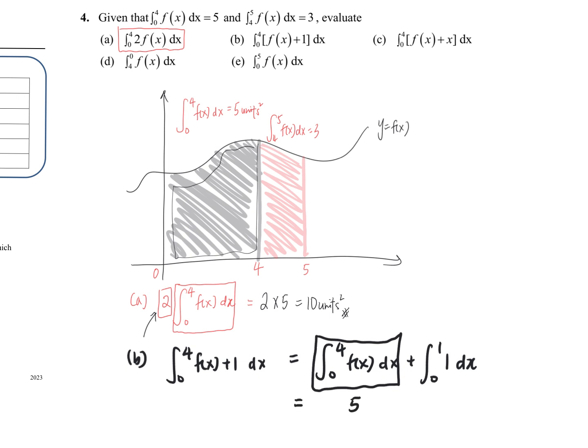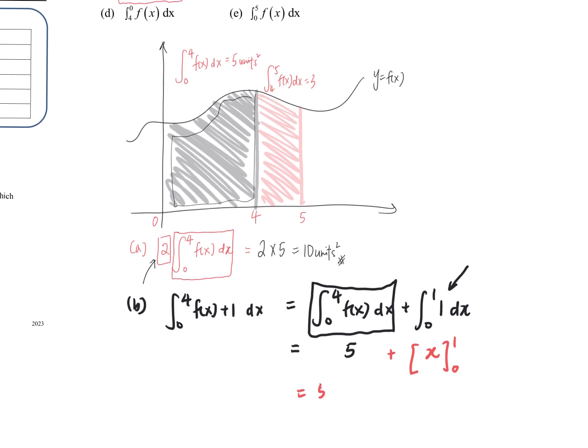Because you don't know the function, you cannot integrate, right? But they tell you this one is 5. Then this one, when you integrate, what do you get? x. So you just have to sub in 1 and 0. So it tells me that the area there is 1. Yes, that's all. 6 units square.